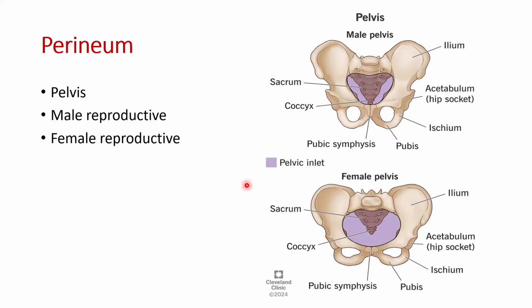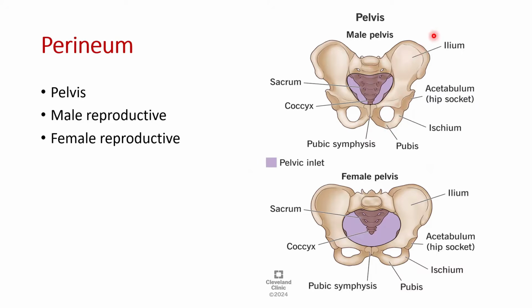So in the perineum, we usually cover the pelvis, and then you cover the male reproductive perineum, then the female reproductive perineum. So the pelvis is just a bone. Of course, you have muscle attachments, and it has various parts such as the ilium, the pubis, and the ischium.